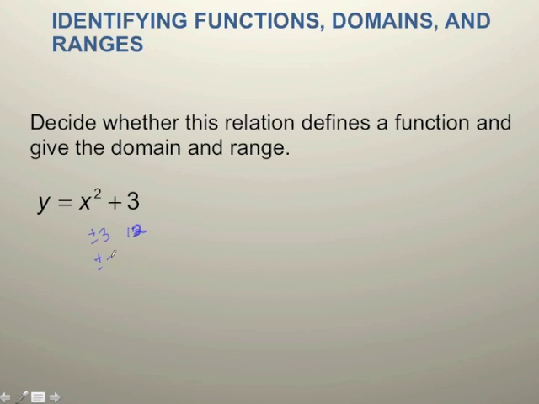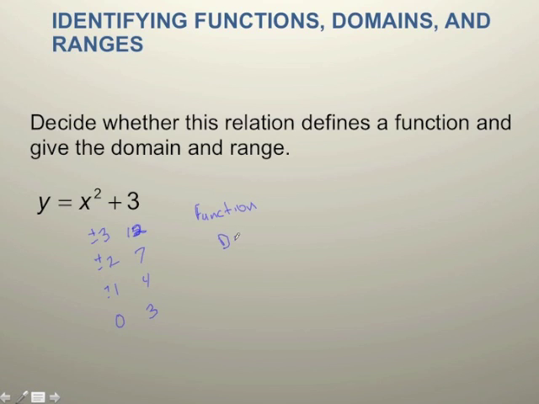If I put in plus or minus 2, I'd get 4 plus 3 or 7. Plus or minus 1, I would get 1 plus 3 or 4. 0, I would get 0 plus 3 or 3. And whatever values I used, it's going to be bigger than 3. So yes, this is a function.